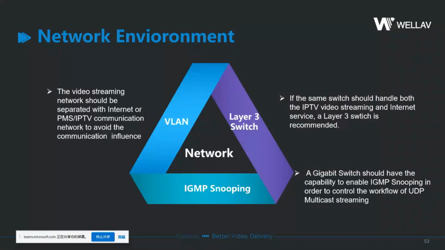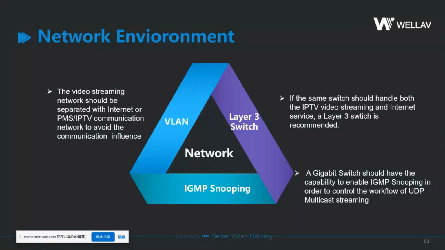For an IPTV network, UDP multicast streaming is very popular because it can decrease the burden on the IPTV server, and with the same facility and hardware configuration, you can support more terminals.